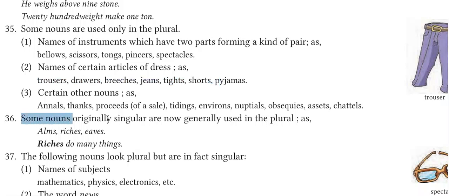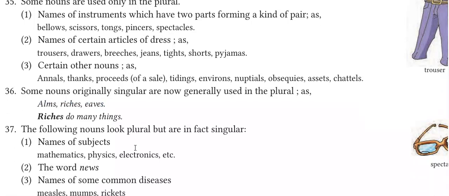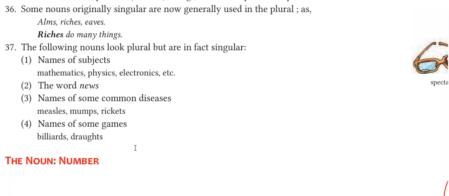Some nouns originally singular are now generally used in the plural. For example, alms, riches, elves. Riches do many things. So these are used for plural.